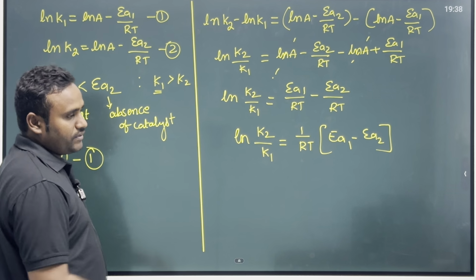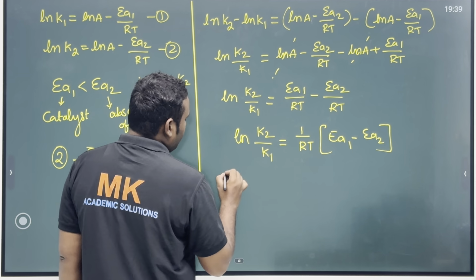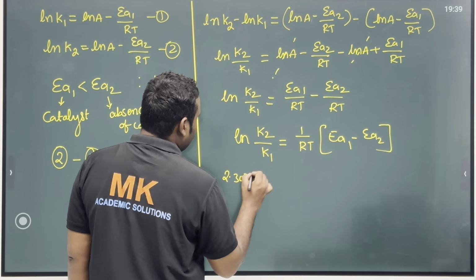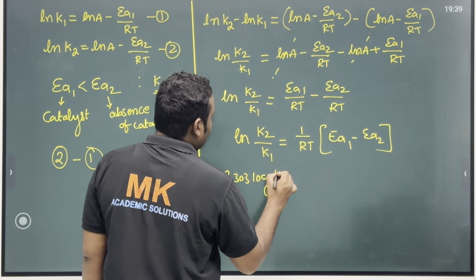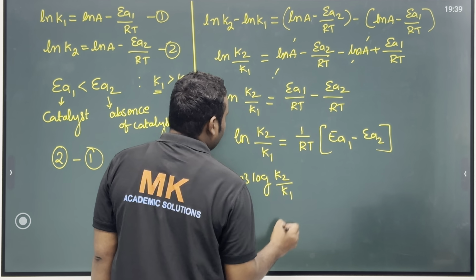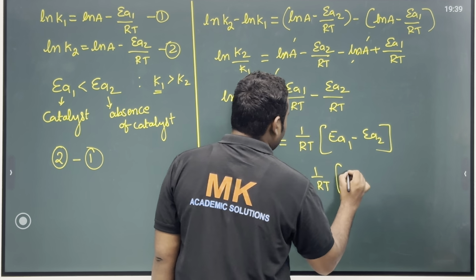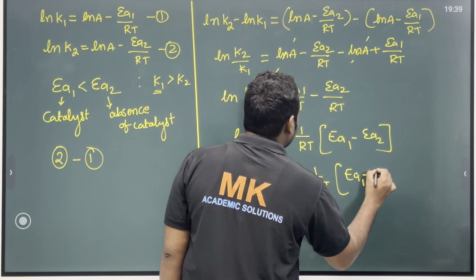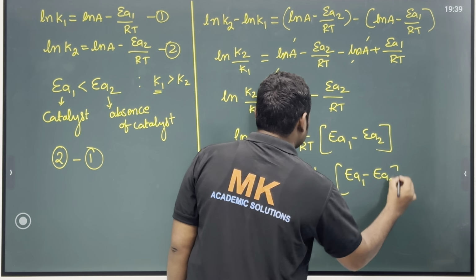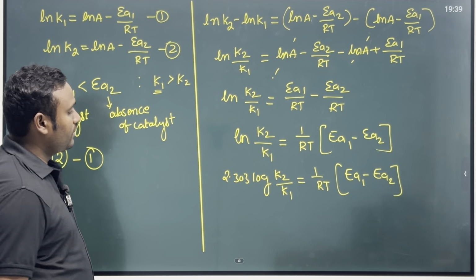Okay, this is the equation you will get, or else 2.303 log K2 by K1 is equal to 1 by RT, EA1 minus EA2, like that you will get.